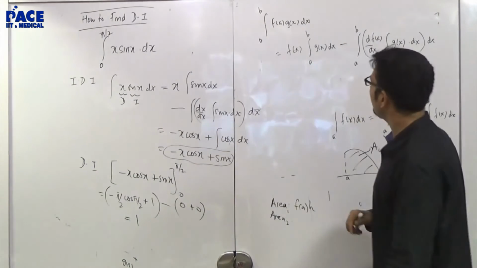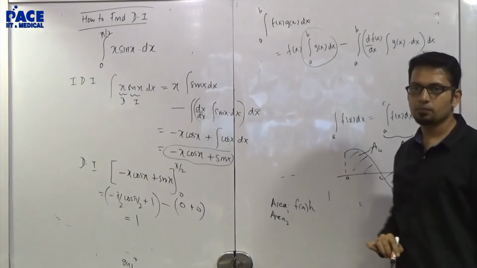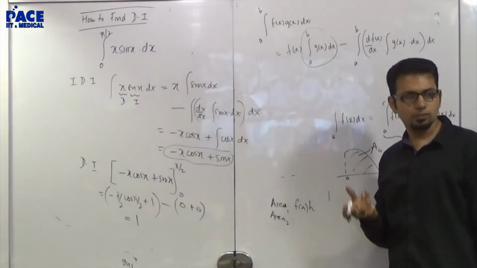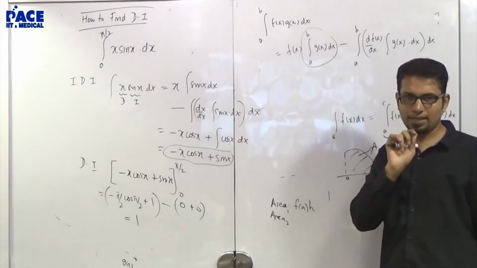Now here, if you notice one thing, this is the definite integral, which will come out to be some constant value. But f x is outside, so it's still dependent on x. So that's the catch over here.